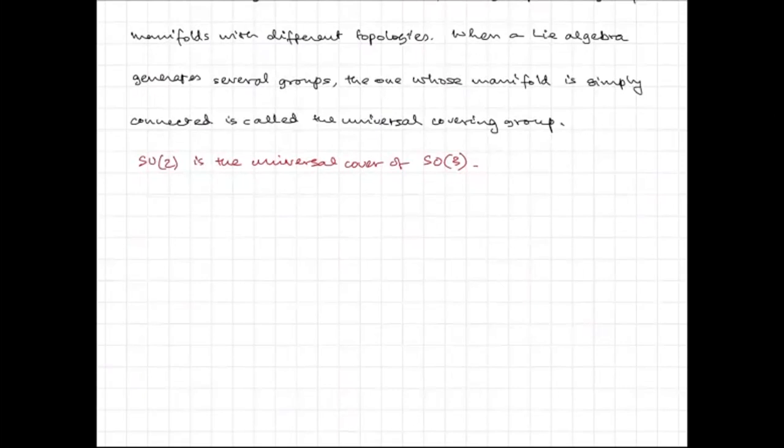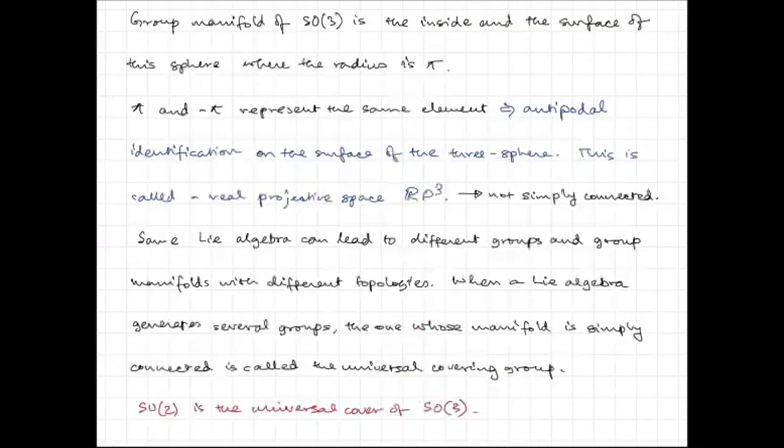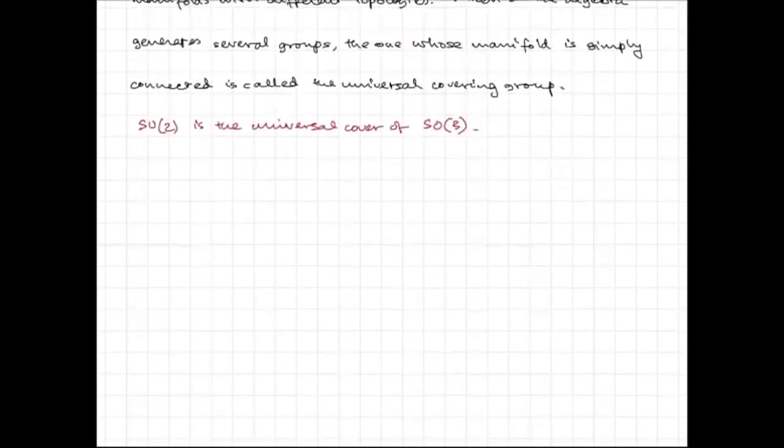So let's see that now. Okay. So let's call this relating SU2 and SO3. Okay, and let's put a line here. Now let's do the following. What we want to do is consider the rotation of a vector in 3D Euclidean space.